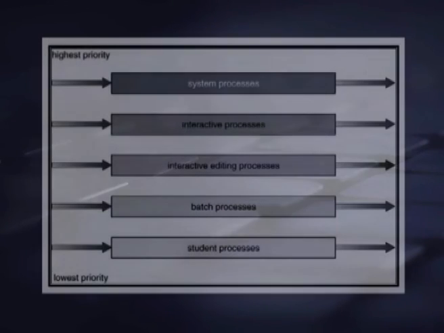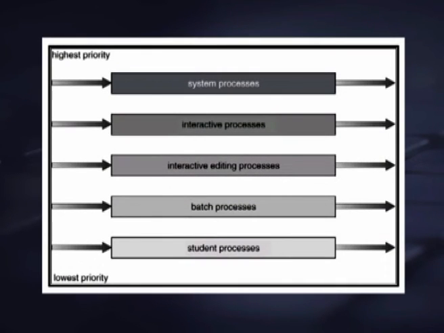The processes of any queue can be processed only when all the higher priority queues are empty. Here, each queue may have its own scheduling algorithm like FCFS, round robin or shortest job first algorithm to serve its processes. As shown in figure, ready queue has been partitioned into 5 separate queues, each having its own priority.